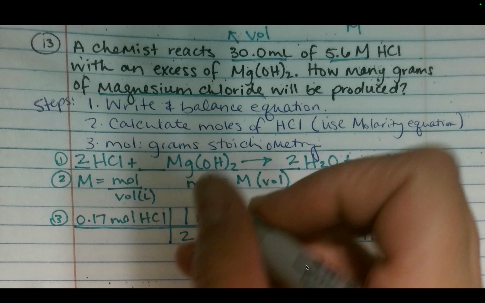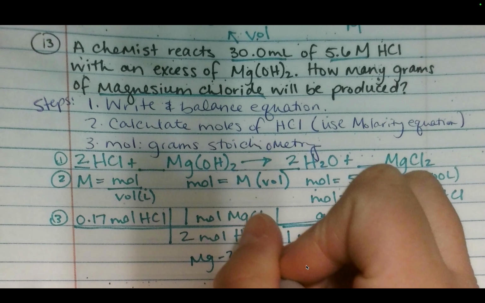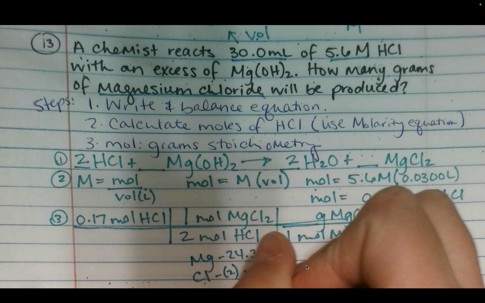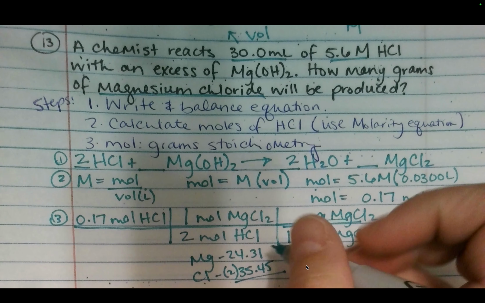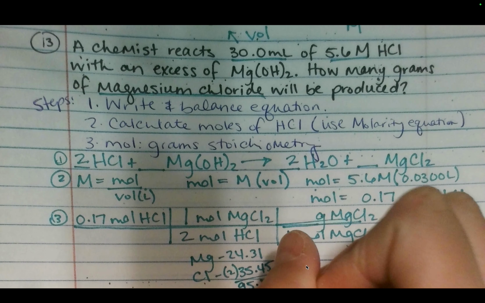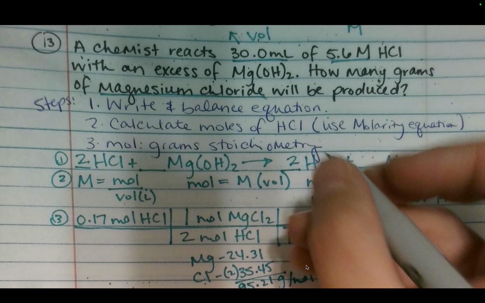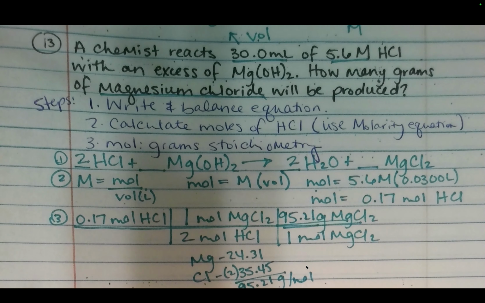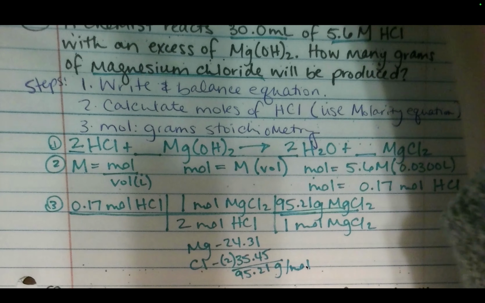Remember? So magnesium is 24.31. Chlorine, I'm going to have 2 times 35.45. 95.21 grams per mole. Plug that in up here, 95.21. I need to slide this a little bit.